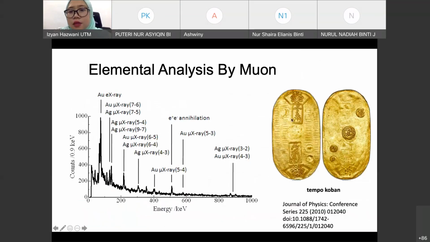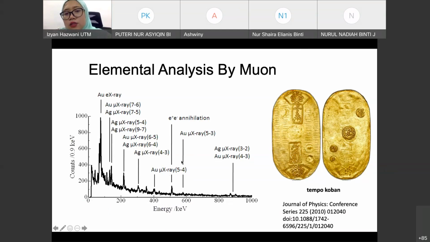This is some elemental analysis for the historical Tempo Koban, the Japanese oval coins. When we irradiate them with muons, we can observe some muonic X-rays from aurum, gold, and argentum, silver.